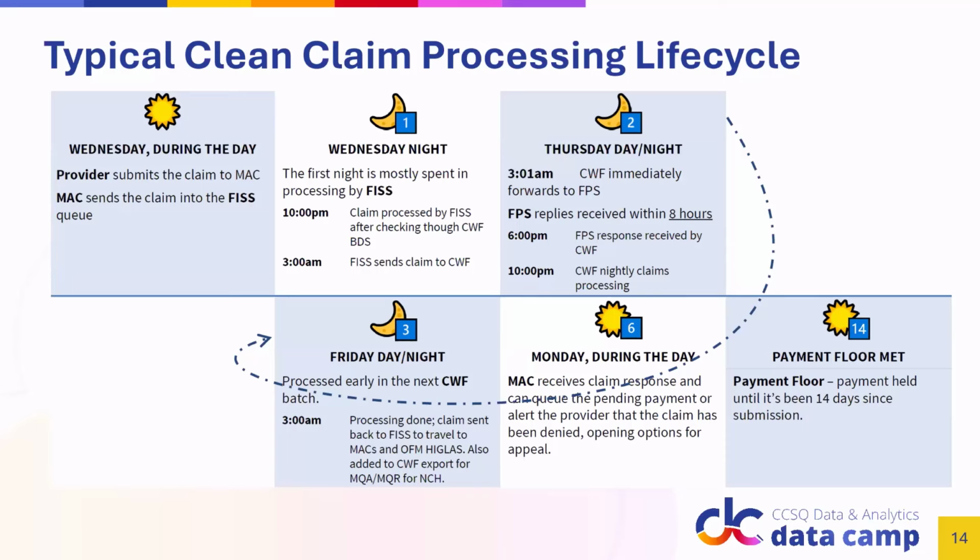And on Wednesday night, the first night is mostly spent processing the batch. By 10 p.m., the claim is processed through the BDS. BDS is additional checks on beneficiary eligibility, and it stands for Beneficiary Data Streamlining.